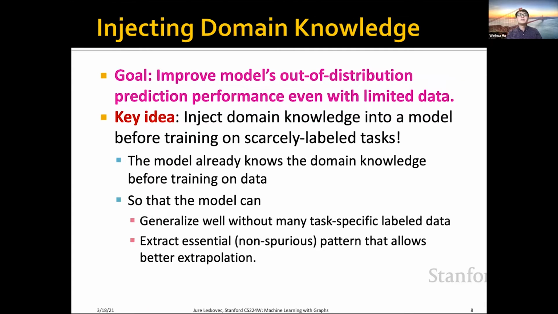This may work because the model already knows the domain knowledge before training on our downstream data, so it can generalize well without many task-specific labeled data. The model may also be able to extract essential non-spurious patterns in the data, which allows it to better extrapolate to test data that is very different from training data.